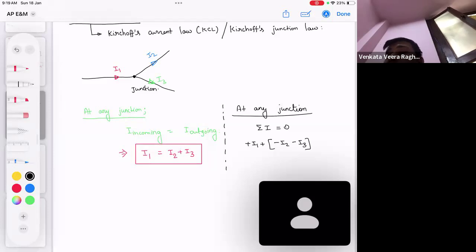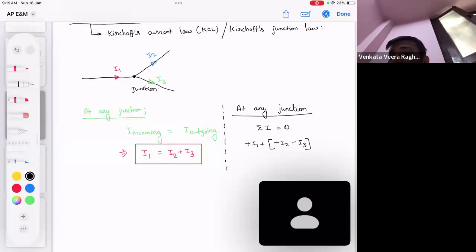So at any junction, if incoming current is taken as positive, outgoing current should be taken as negative. When you are adding the currents, incoming current is positive and outgoing current negative, right? Just add them with their sign, and that summation should be 0. Check it. Am I getting I1 equal to I2 plus I3?